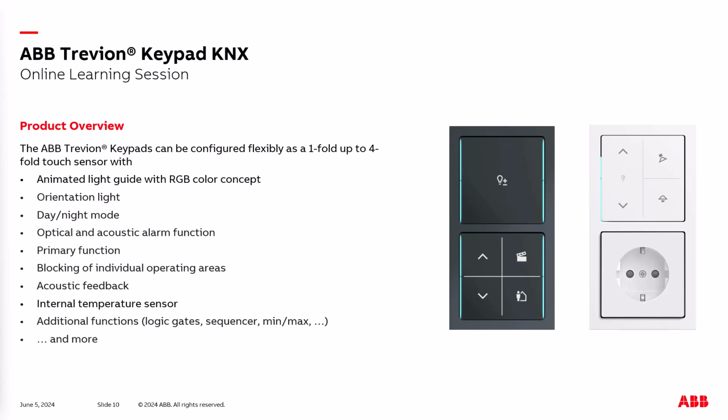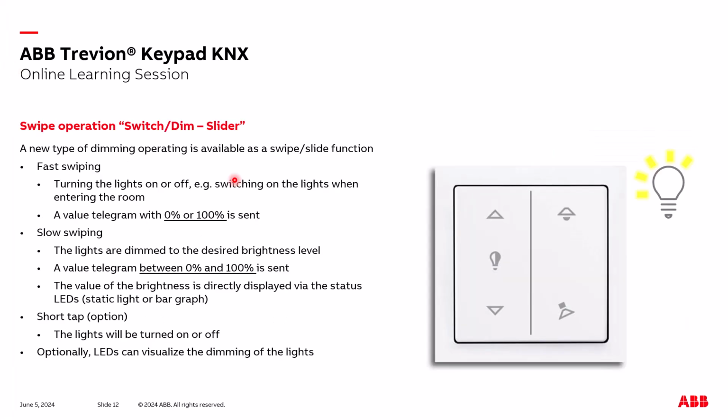Let me now start with the swiping operation, switch dim slider and blind shutter slider. On this slide you can see a new type of dimming operation. It is now available as a so-called swipe slide function. We do not have typical push buttons where you press short and long for dimming or for switching. No, we do a so-called fast swiping.